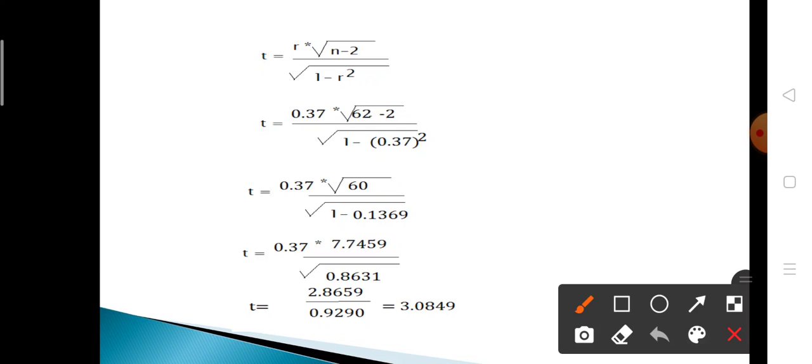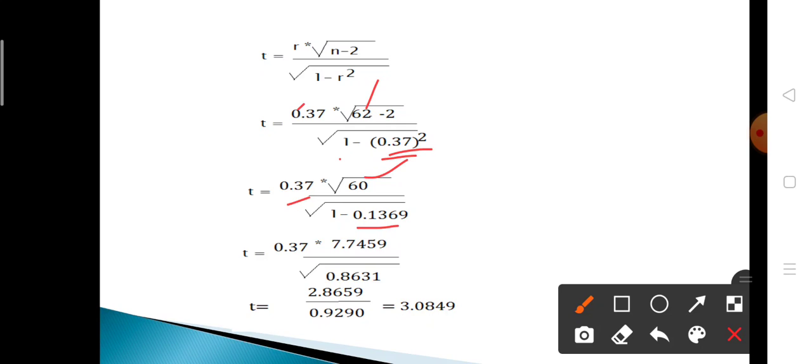See again, here the r value is 0.37 and n is 62. So 0.37 as it is, 62 minus 2 is 60, so square root of 60, divided by square root of 1 minus 0.37 square, which is 0.1369. The square root of 60 is 7.7459.